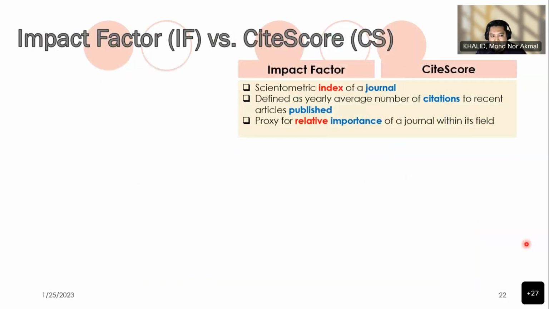And then there are some issues about the differences between impact factor and CiteScore. Both of them are actually bibliometric indices of a journal. They are defined yearly by using the yearly average number of citations to recently published articles. And there are some differences between how they are calculated.